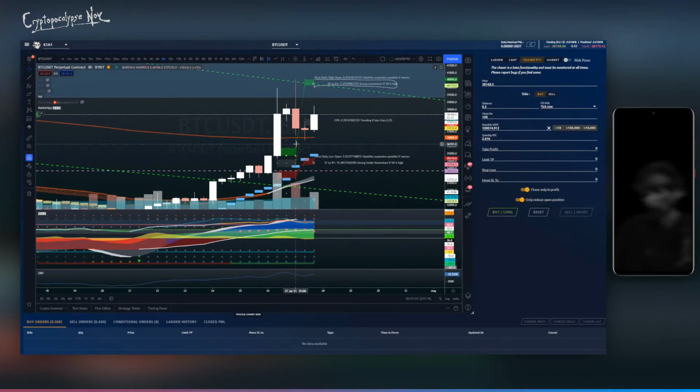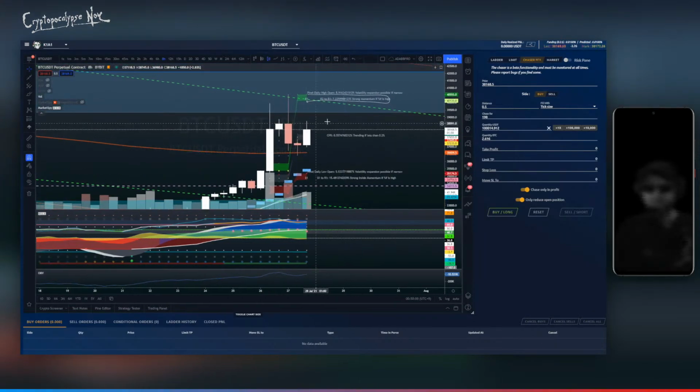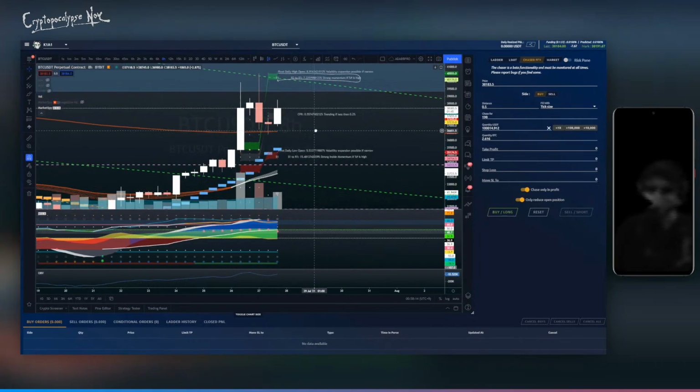So 1, 2. It is Tuesday, I believe, Wednesday. Soon, and this is the middle of the week, and we have the potential to go up to this line again and knock on this resistance door, and I think this is where we may have a fake breakout up to 43, 42, 43, somewhere around there.